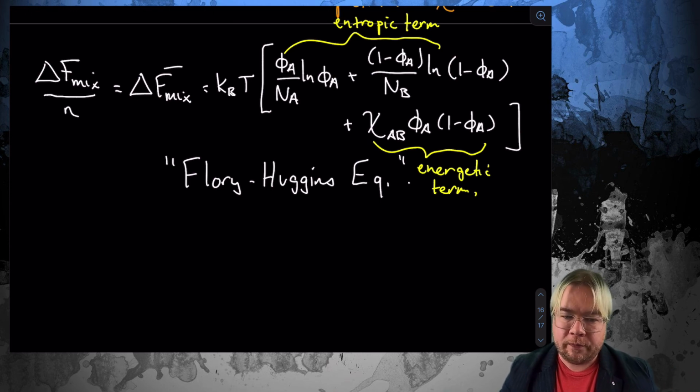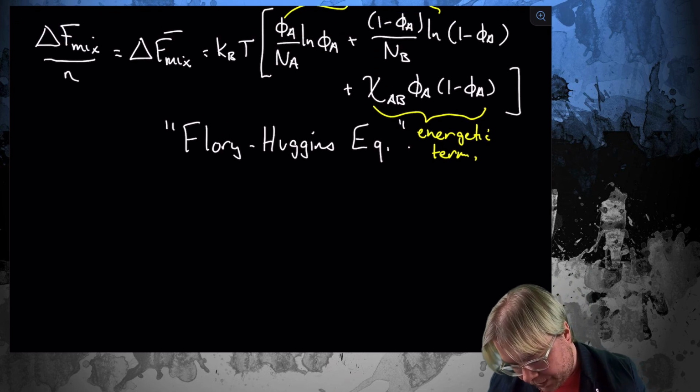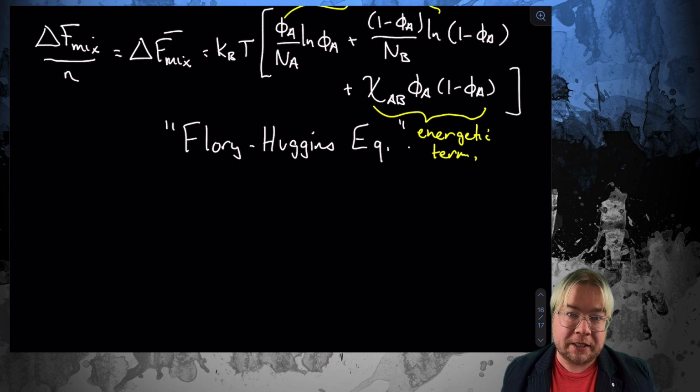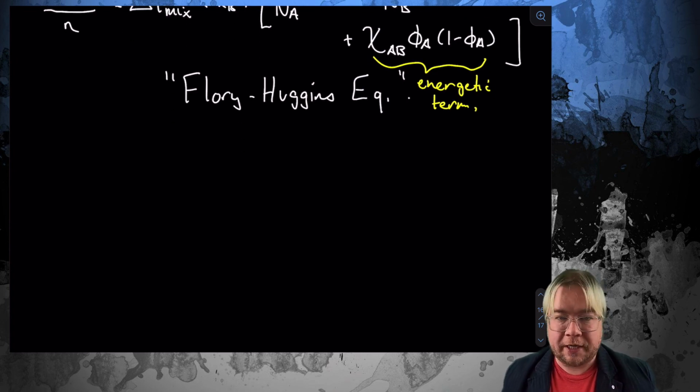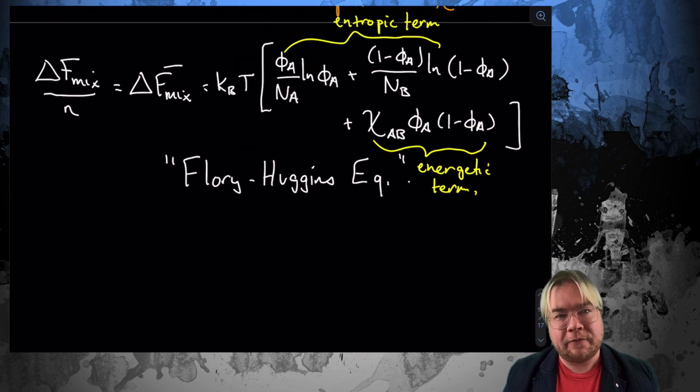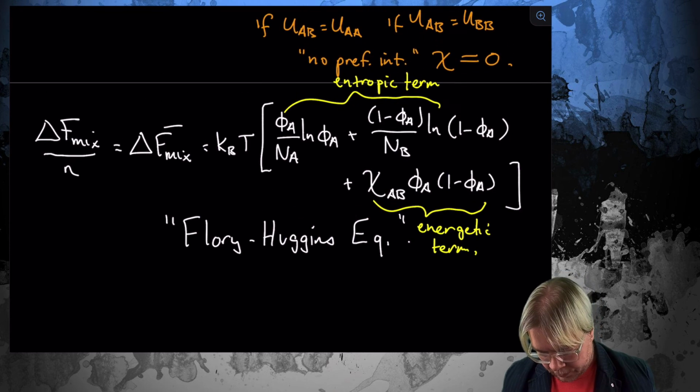So it'll always promote mixing. The energetic term, whether it promotes or doesn't promote mixing, is going to depend on what its sign is. And if it's 0, then it's just an ideal mixture, and so the system will behave as the ideal mixture relationships predict. So it's easiest to see some of this if we plot it. I'm going to plot it in a second using Wolfram Alpha.